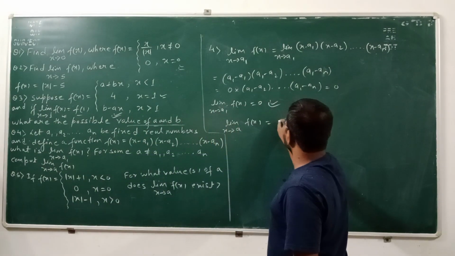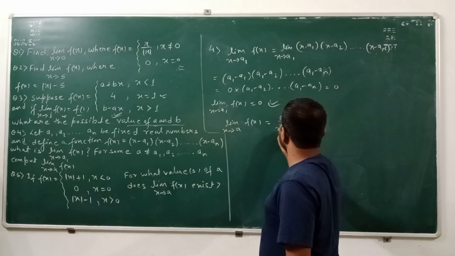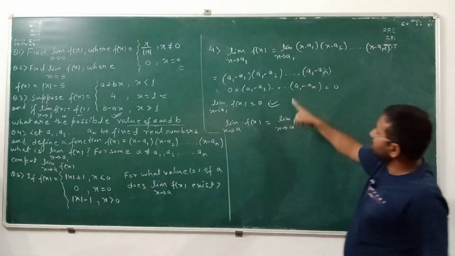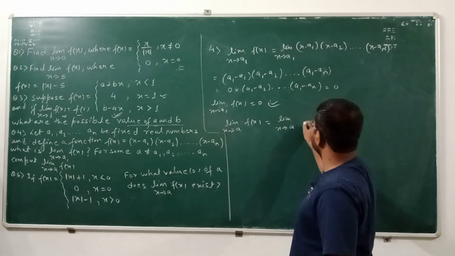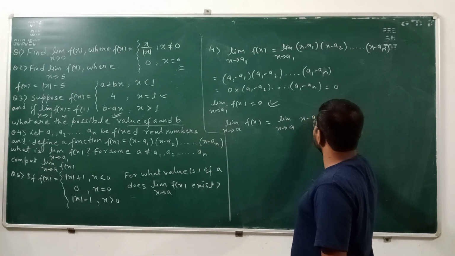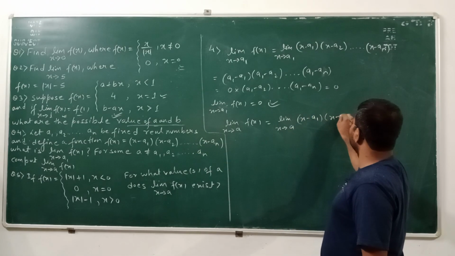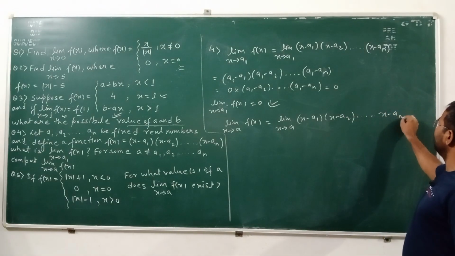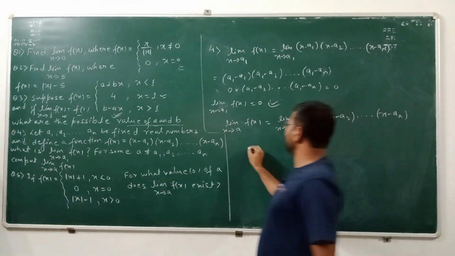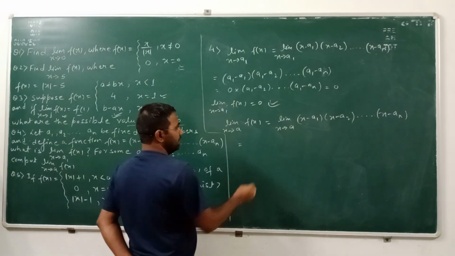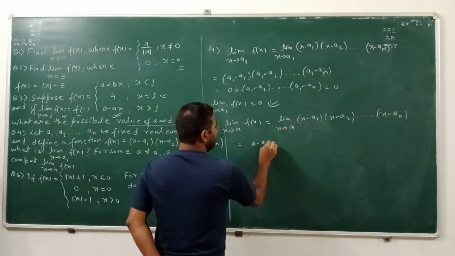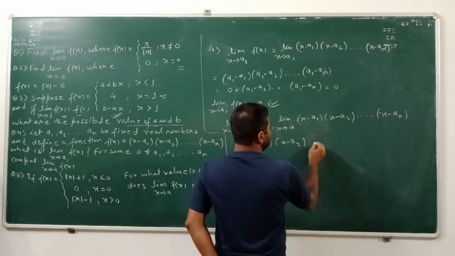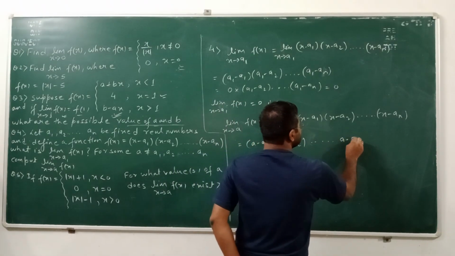Now again write limit x tends to a. Okay, now f(x) is this one: (x minus a1)(x minus a2) ... (x minus an). Now in place of x put the value: (a minus a1)(a minus a2) ... (a minus an).